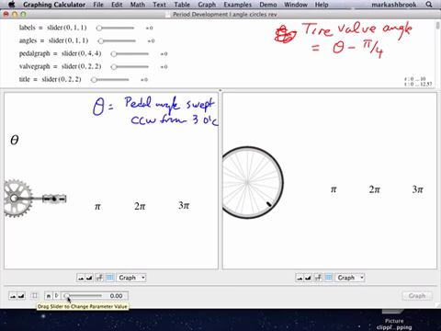Yeah, it's 1/8 of a circle. And so that tire valve, would you say it's always that angle behind? Yeah, it's lagging behind, right? So that's the way we want to think about this. And that makes sense with the math, right? That angle is behind. It's less than the pedal angle by pi over 4. It's lagging behind.